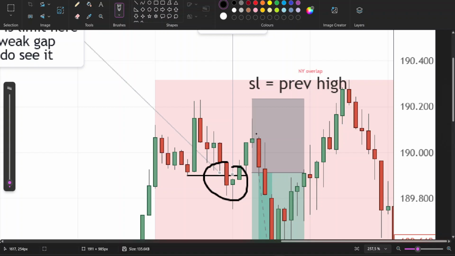If I saw this formation, this price action formation, I would probably short off it and set my stop here. In this case, there's a price action, there's a gap here, and I just put a limit short here with the stop here.